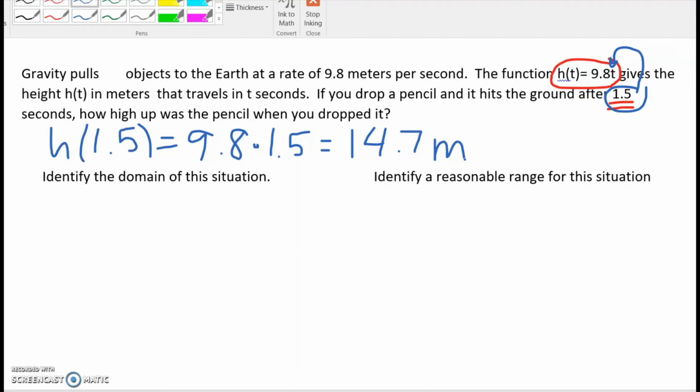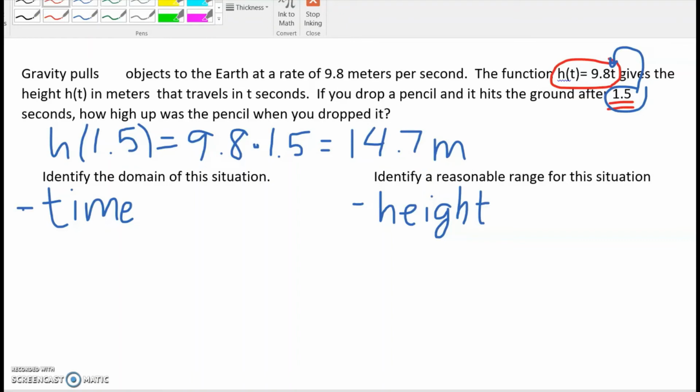So we're identifying the domain and range. So for this one, again, the domain is time and the range is height. So with this one, yes, technically time goes on forever, but the height at which you can drop something has a limit to it.